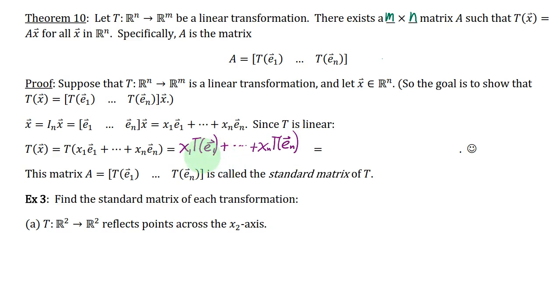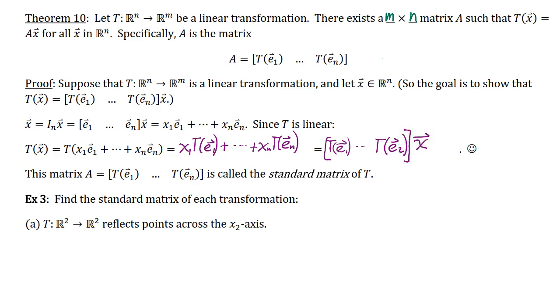And that linear combination of those output vectors, you could just write as a matrix times a vector. Remember, T of e1 and the rest are all vectors, so we can make them the columns of a matrix, like so. And multiplying each of them by x1 through xn is just like multiplying the whole thing by the vector x.